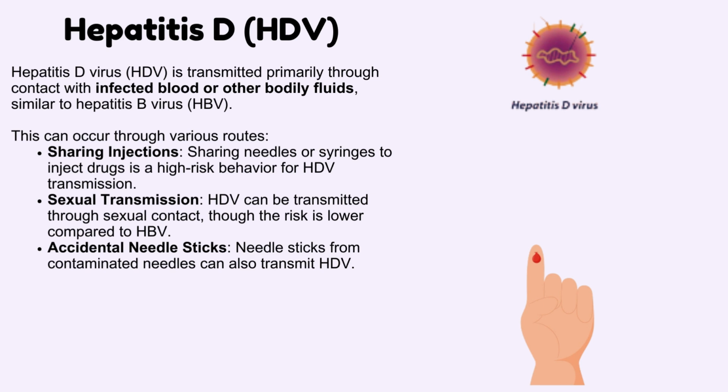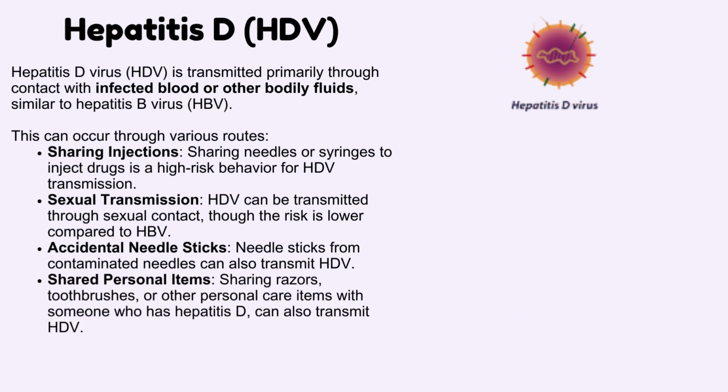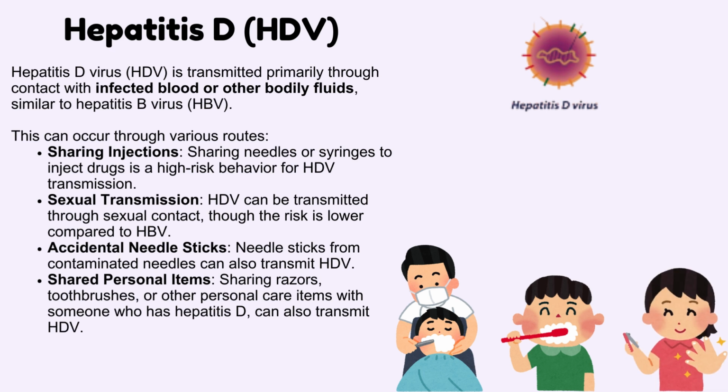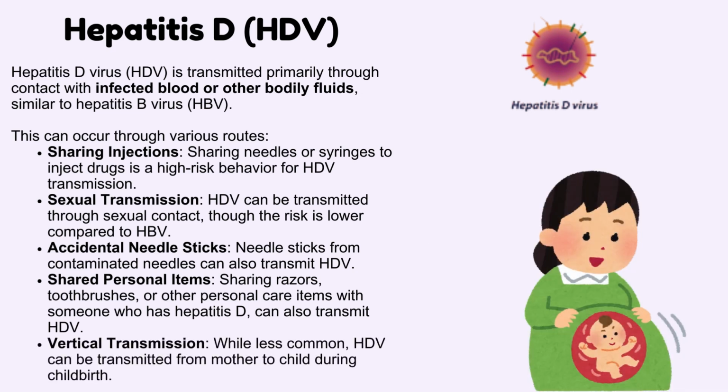Accidental needle sticks: needle sticks from contaminated needles can also transmit HDV. Shared personal items: sharing razors, toothbrushes, or other personal care items with someone who has hepatitis D can also transmit it. Vertical transmission: while less common, HDV can be transmitted from mother to child during childbirth.